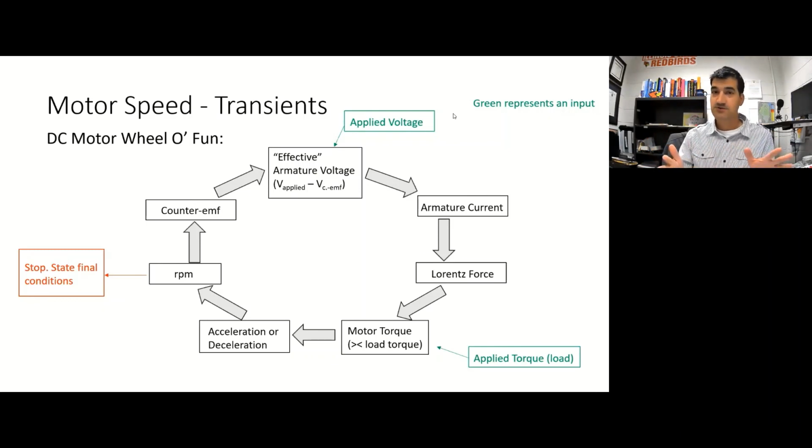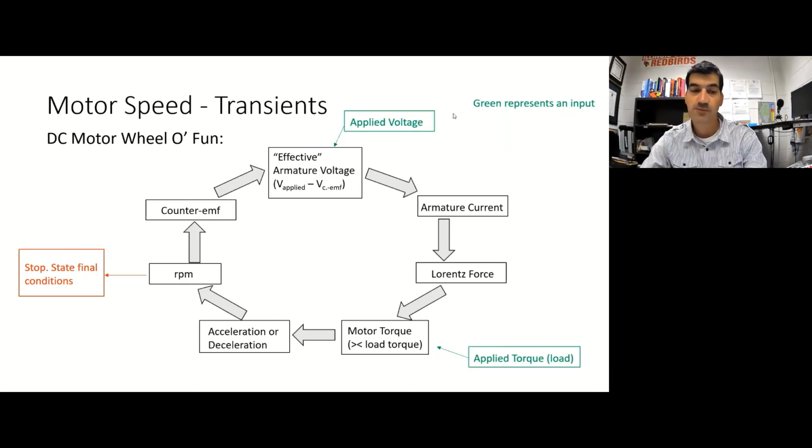All right. I don't want you to necessarily rack your brain over that right now. That is called a motor transient. And we're going to talk a lot more about that next time. I just wanted to introduce this and the idea that it is a constant feedback loop. And this is really happening instantaneously all the time. This is a constant feedback loop that is being felt and experienced by the motor all the time.